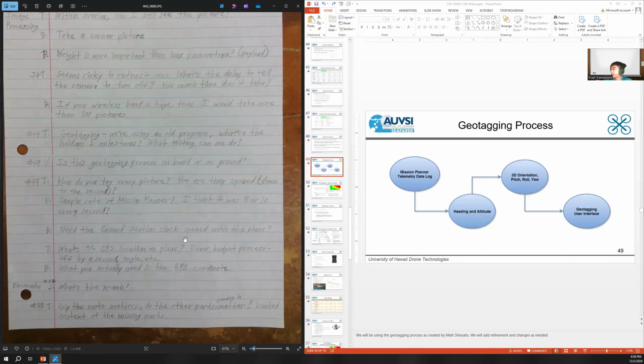Is the ground station clock synced with the plane? The answer is no. In that Geo Reference program, you have to give the time offset. So you have to punch it in as it does this process for you for free. And then you need to know the plus or minus GPS location on the plane, because there's an error, right?